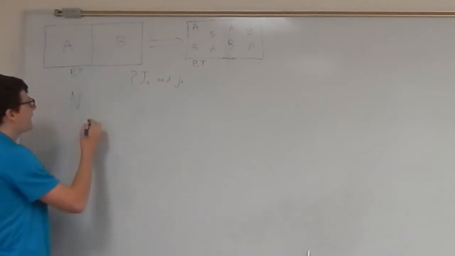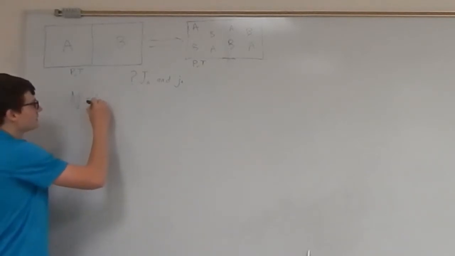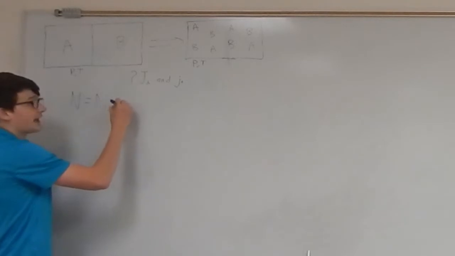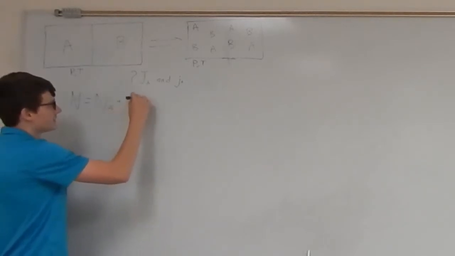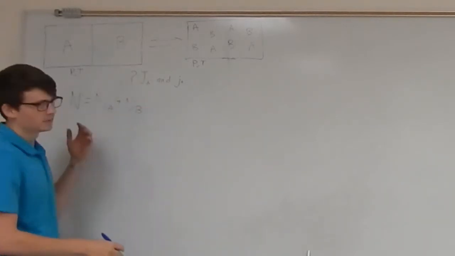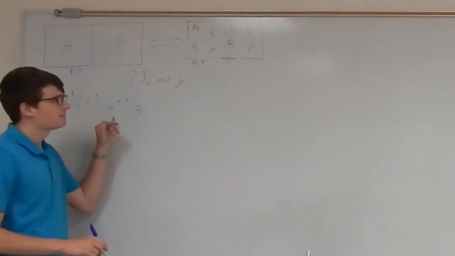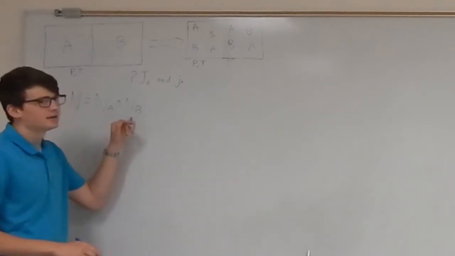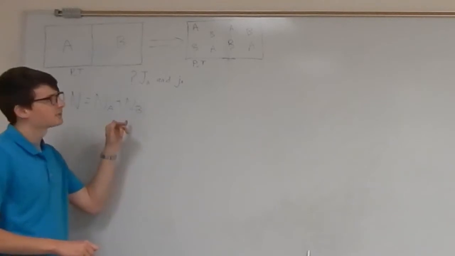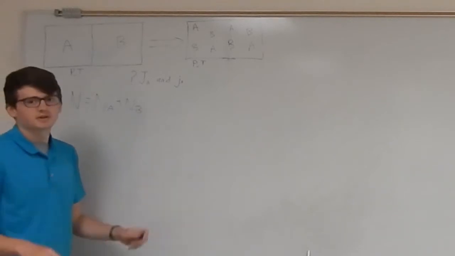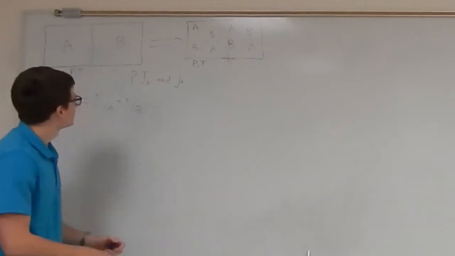That would be represented by N. That, of course, equals the sum of Na plus Nb. That would be the molar flux of A plus the molar flux of B. That's a pretty simple definition of what a sum is.